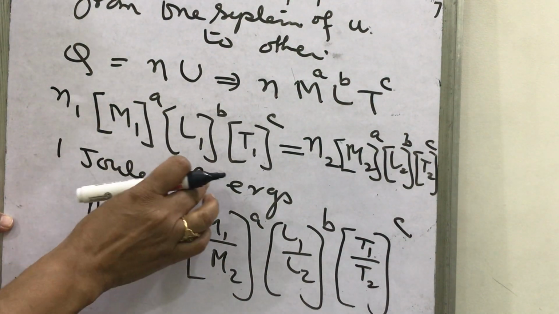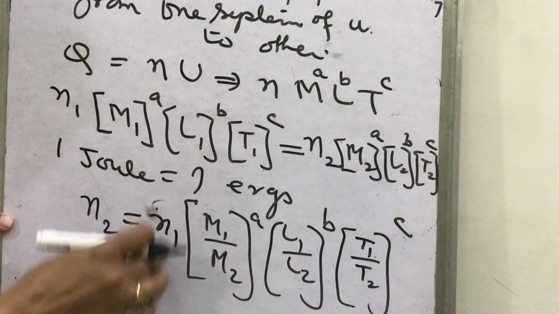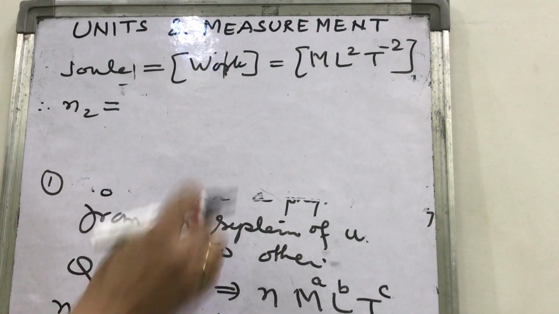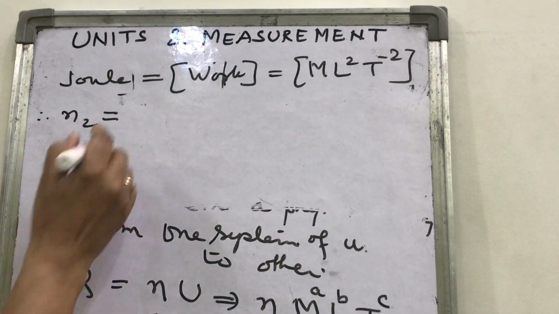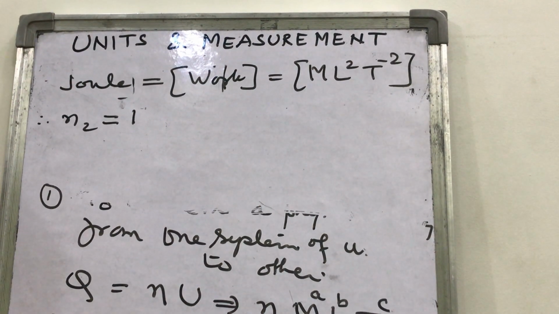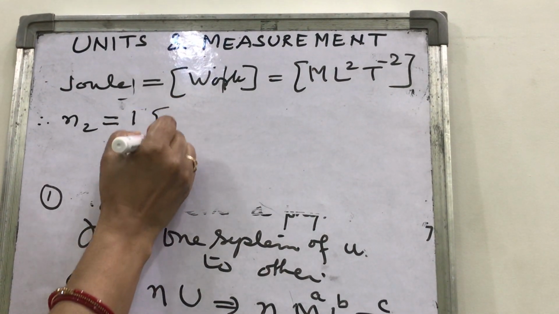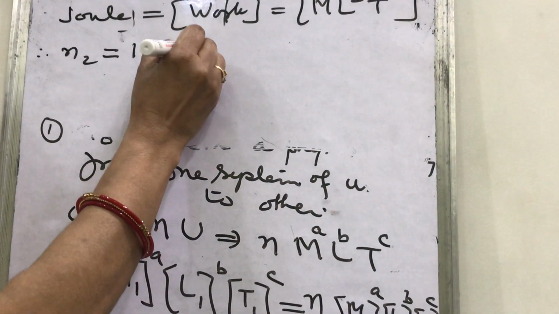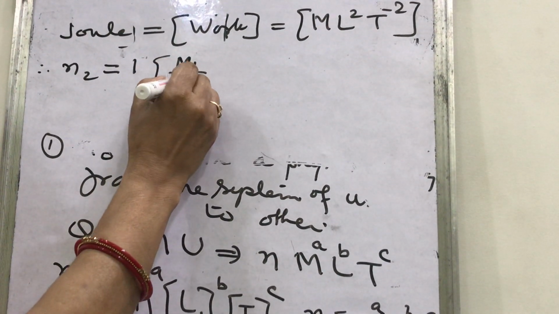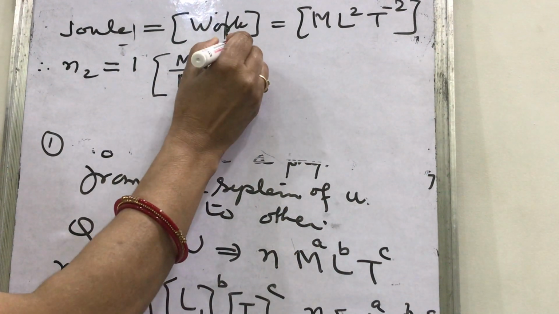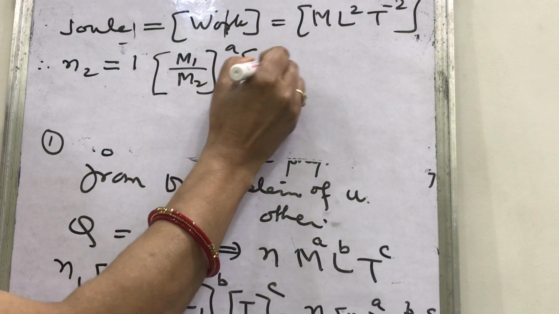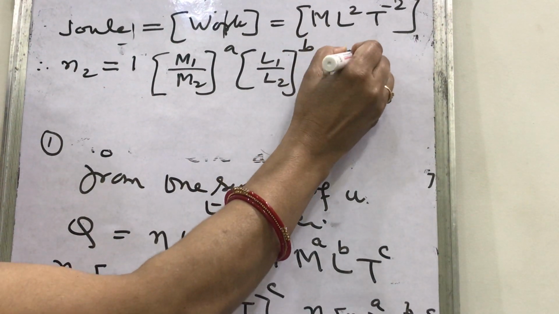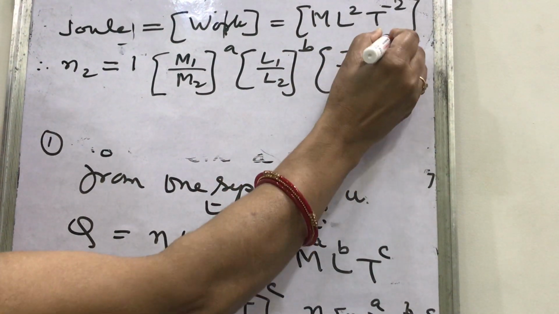You have to find how many ergs, that is N2. Therefore N2 equals, putting in the value N1, which is 1, M1 upon M2 to the power a, L1 upon L2 to the power b, and T1 upon T2 to the power c.